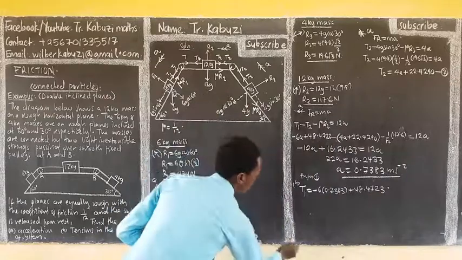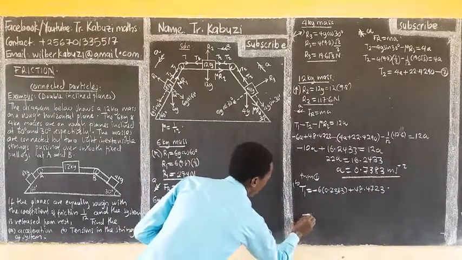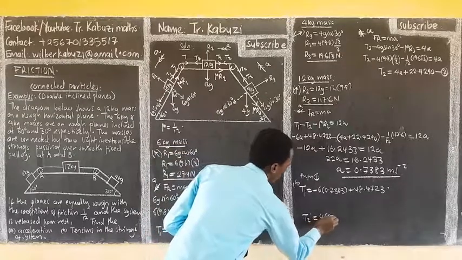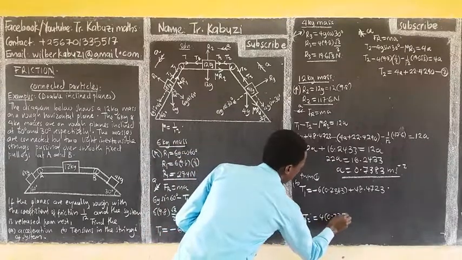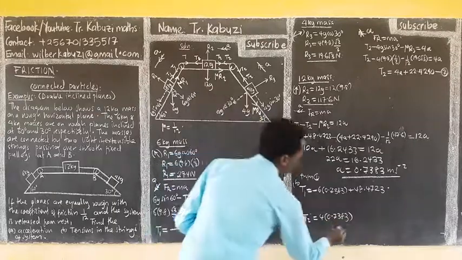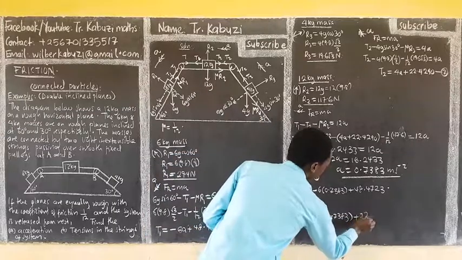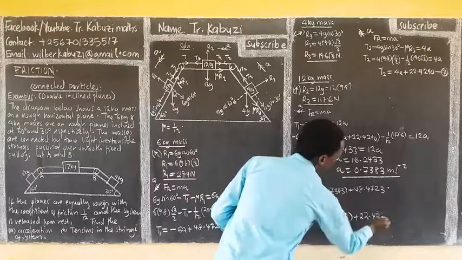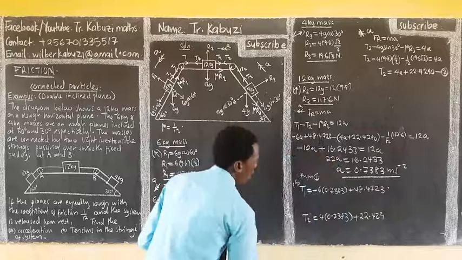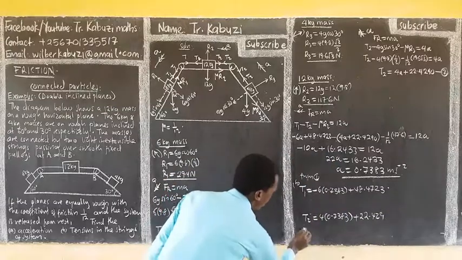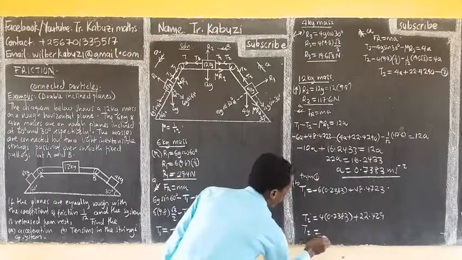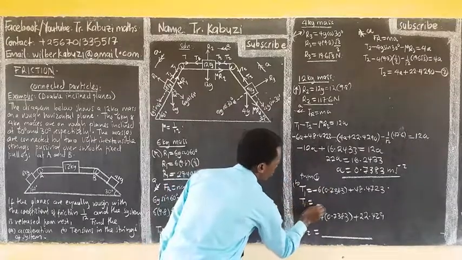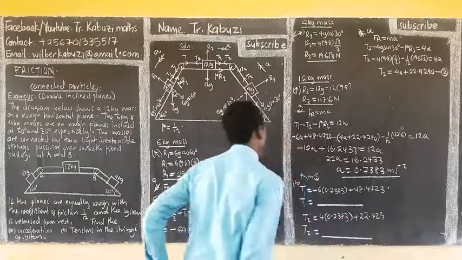Then our T2 will be from there. We have 4 into 0.7383, then plus 22.429. So from there, our T2 is going to be given to 4 decimal places, even here our T1 to 4 decimal places.